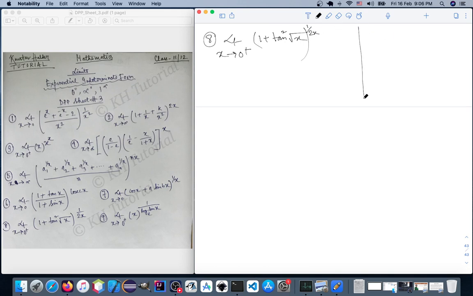So f(x) is 1 plus tan square root x. Since x is tending to 0 positive, root x will also tend to 0 positive.